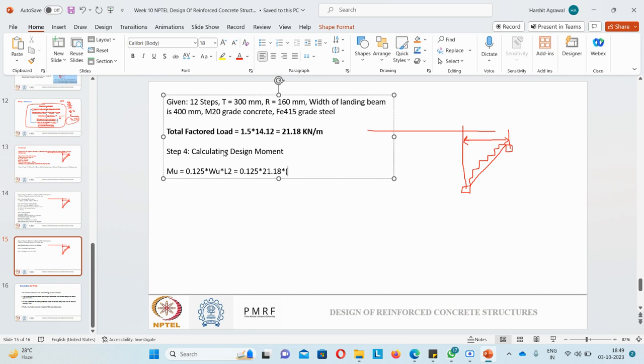L is my effective span, which is 4 meters, so 4000 into 4000. This will come out to be roughly around 40 kilonewton meter. Let me check once.